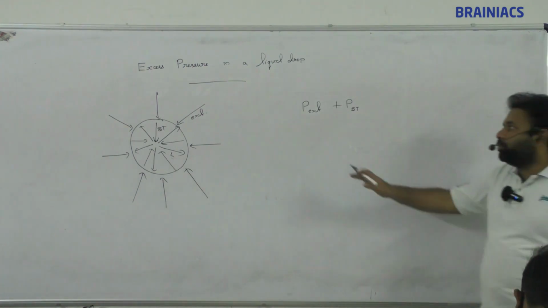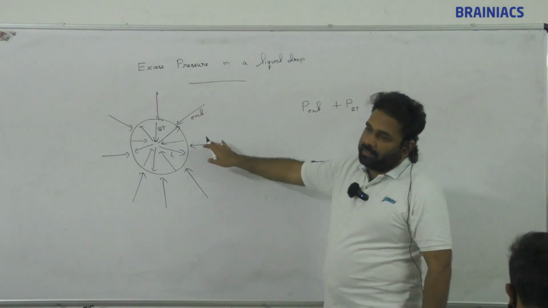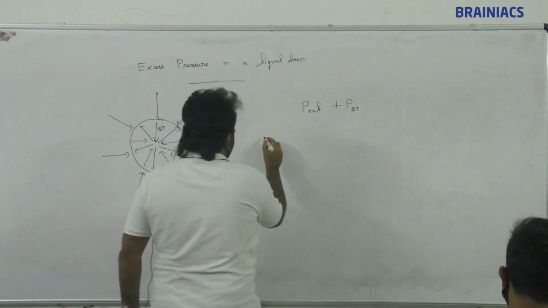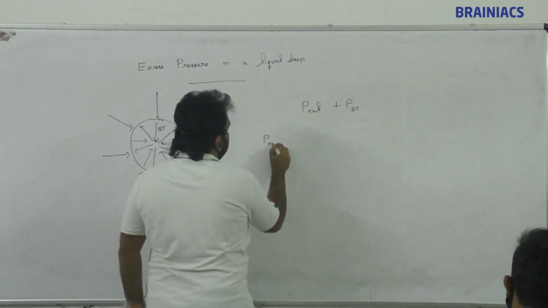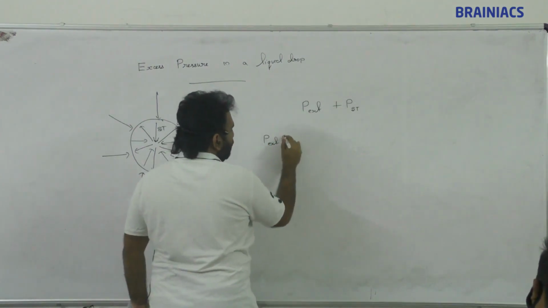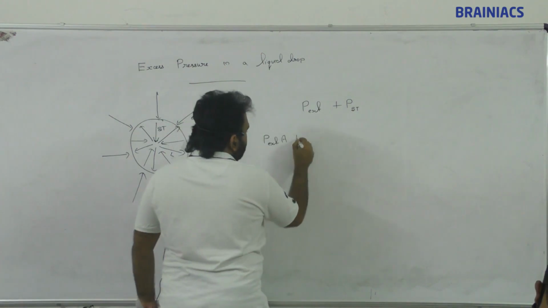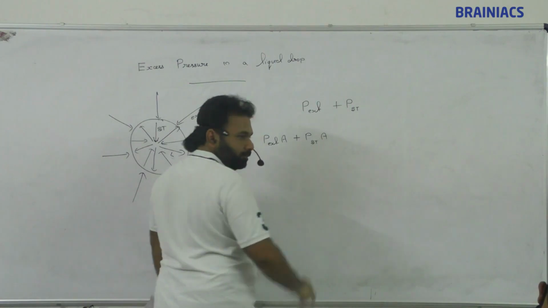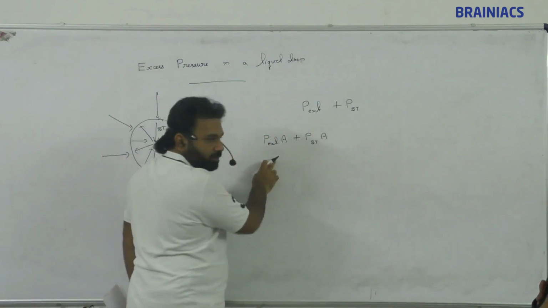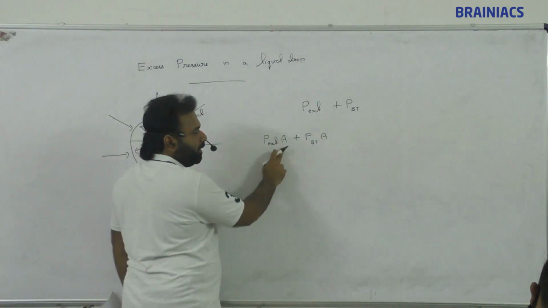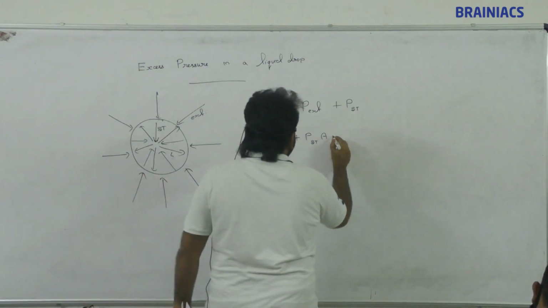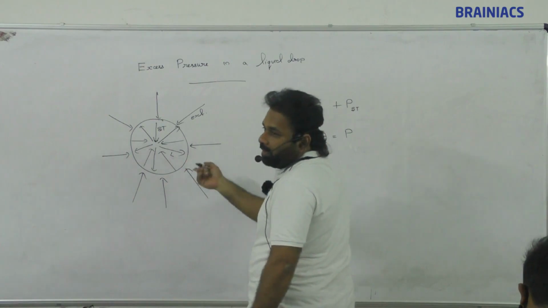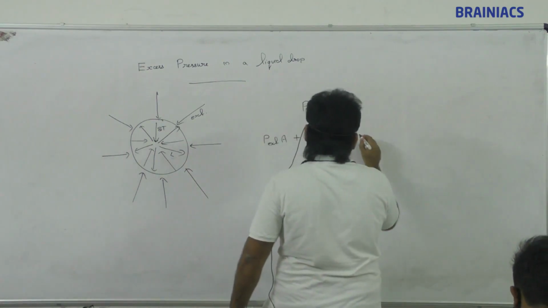Okay, now for this to stay here, see, the external pressure into area plus pressure due to surface tension into area, not pressure, force, pressure into area, will be equal to the pressure due to the liquid in the opposite direction.